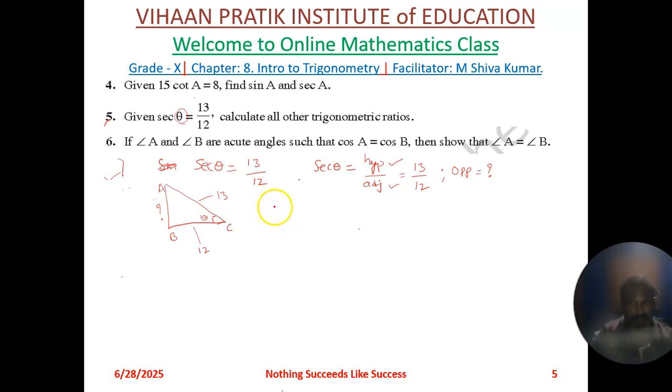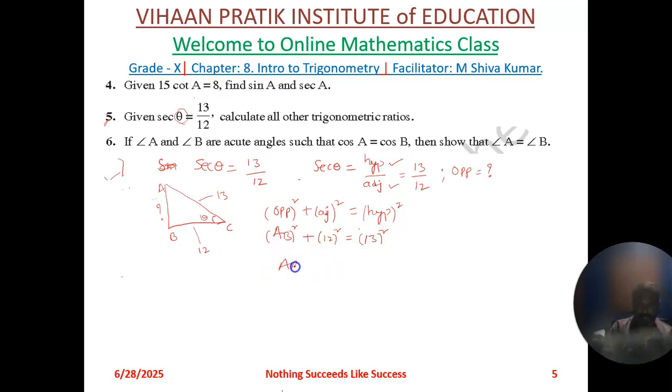So using the same Pythagoras theorem, opposite side square plus adjacent square equals hypotenuse square. Now here we don't know opposite, so we'll write it as AB square plus adjacent is 12 square, equals hypotenuse 13 square.